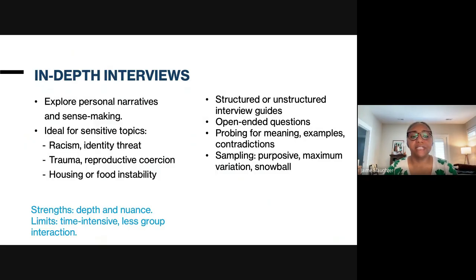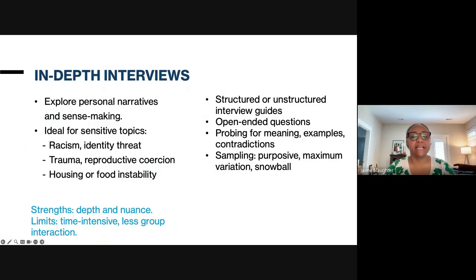They're ideal for sensitive topics, such as discussing experiences of racism or other types of marginalization or oppression, trauma, and sensitive topics like reproductive coercion. They're also helpful in exploring topics like housing or food instability that may elicit some shame.